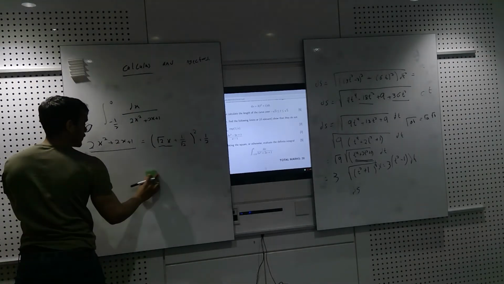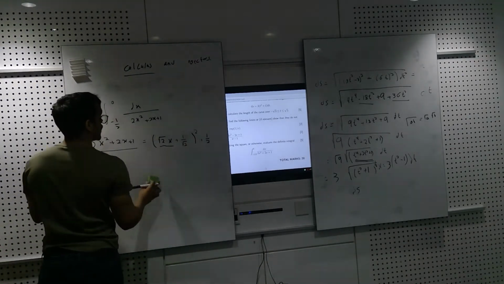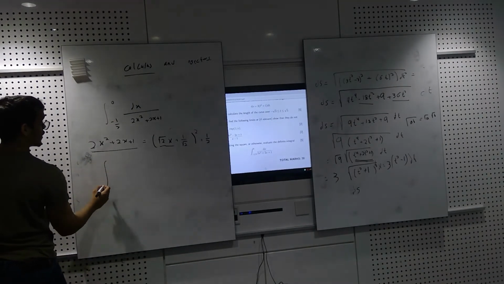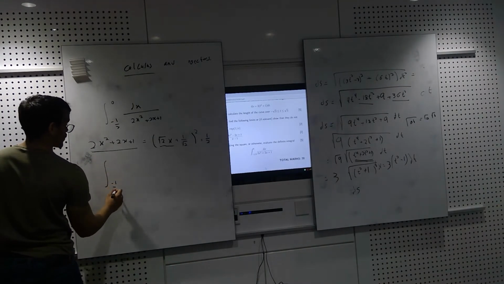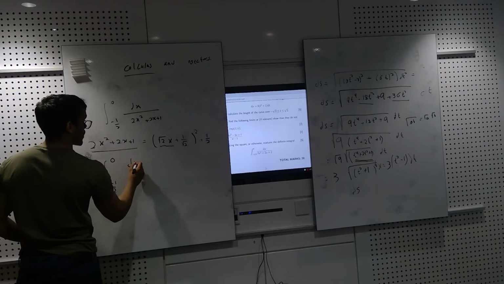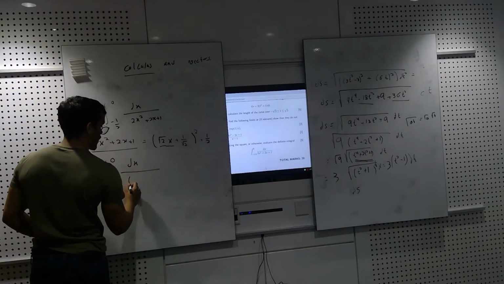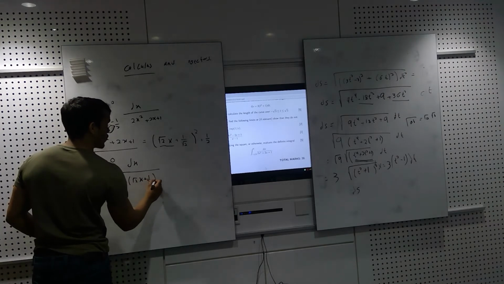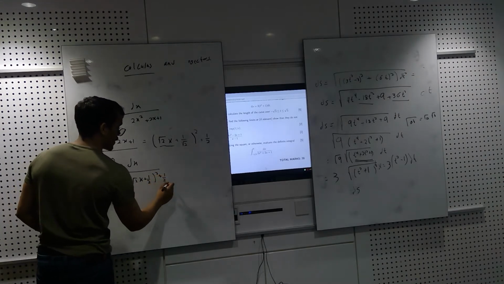The second part of the question is you go back to the integral sign, from 0 of dx divided by square root of 2x plus half, all squared, plus 1.